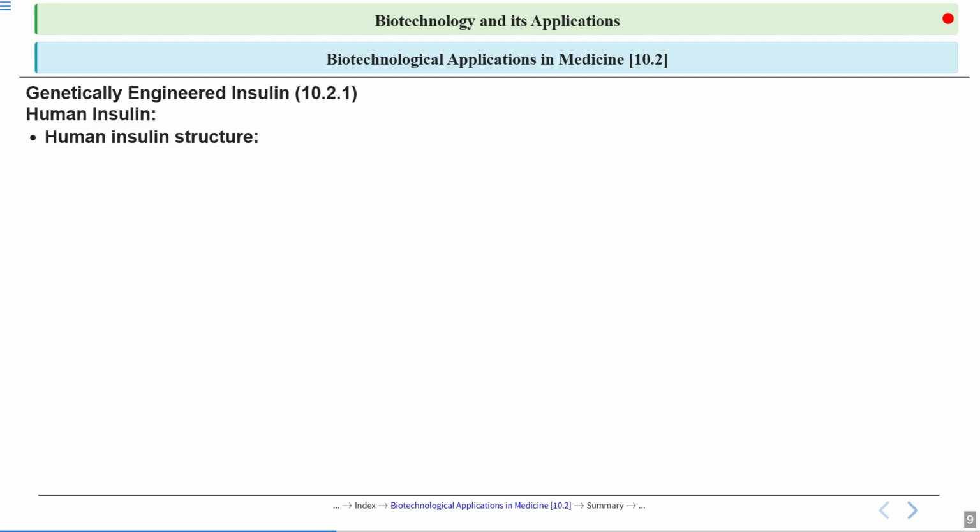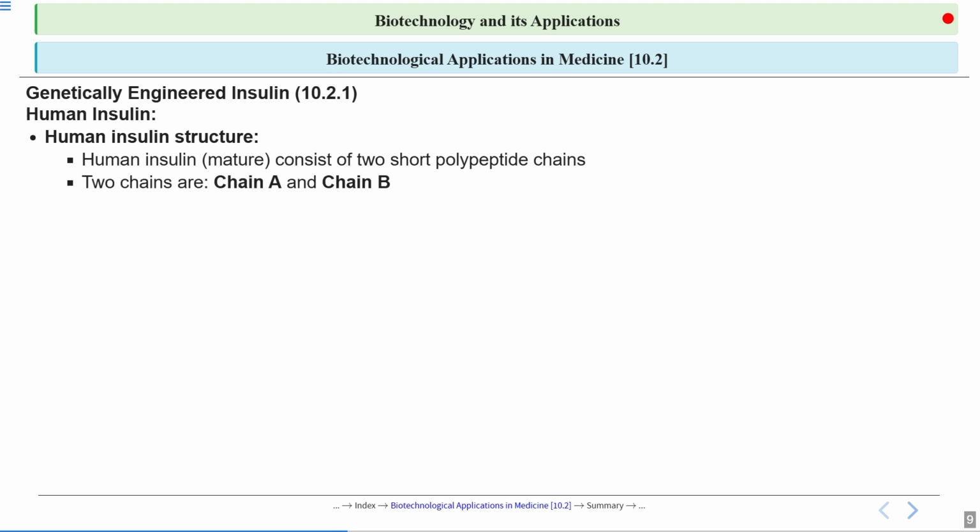Now talking about human insulin, what is the structure of human insulin? A mature human insulin consists of two short polypeptide chains. One is called chain A and the other is called chain B. It is synthesized as proinsulin.